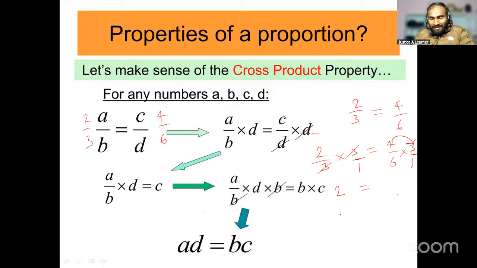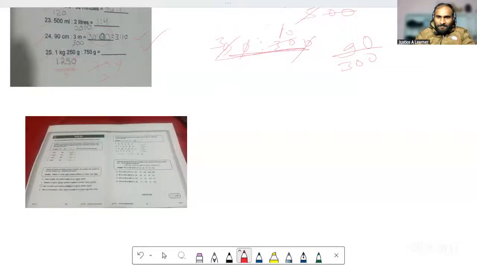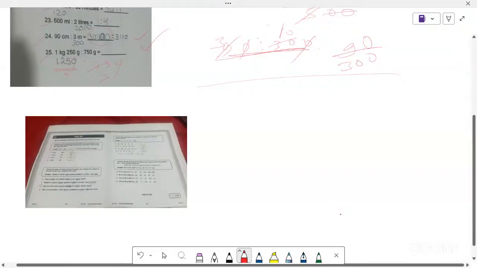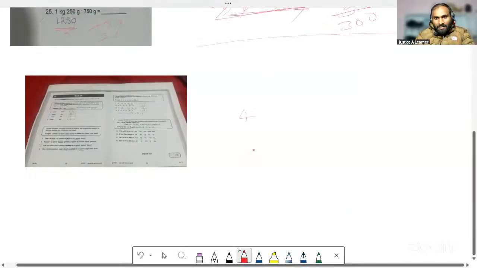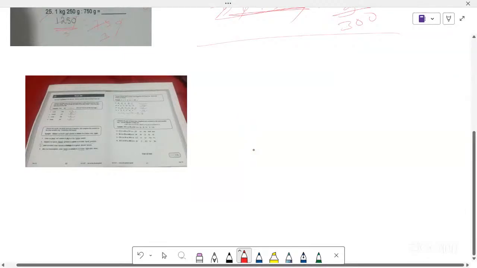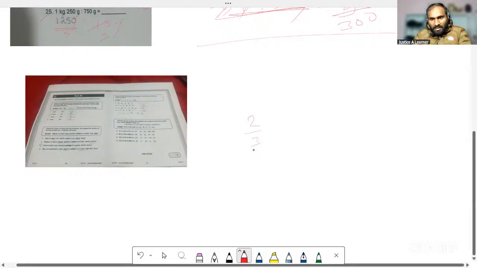You're getting super confused. So see here. What was the number I forgot? 2 upon 3 this side, and this side we had 4 upon 6.